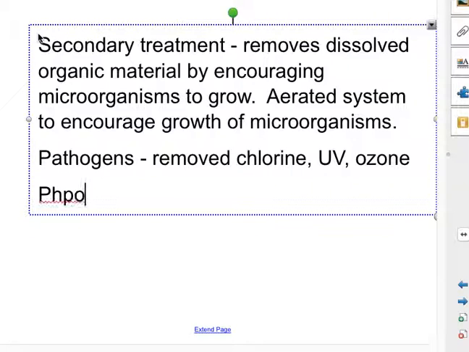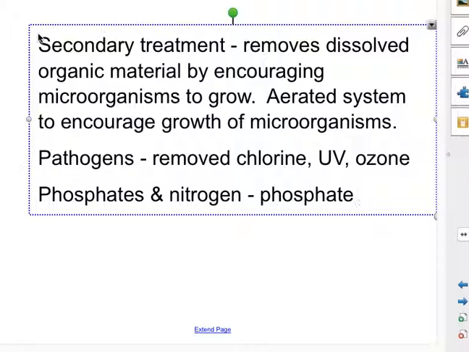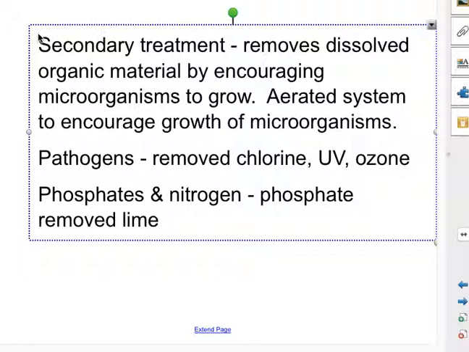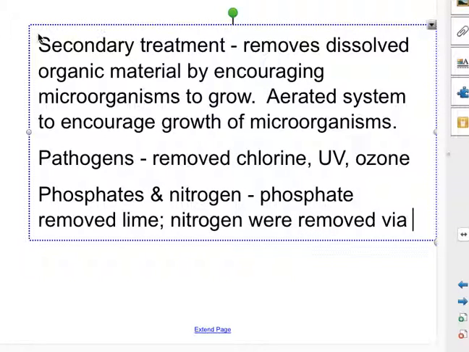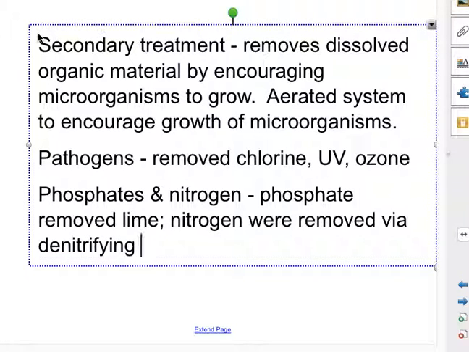So if you said phosphates and nitrogen in that earlier question in part A, here in part B, you might say, you know, phosphates are removed via lime. Or you could say that the nitrates are removed via denitrifying bacteria. And that's typically in an anaerobic environment, an environment without oxygen.